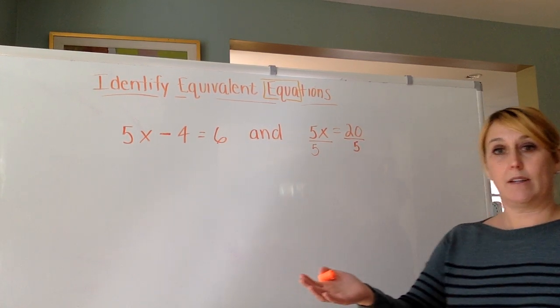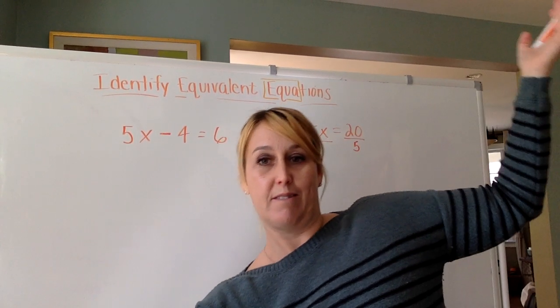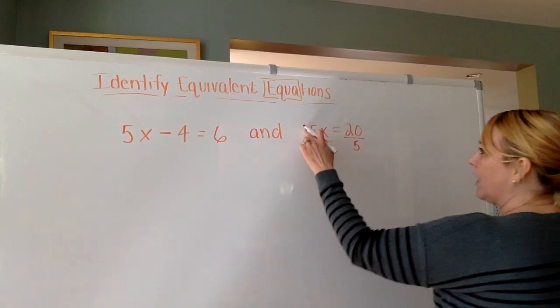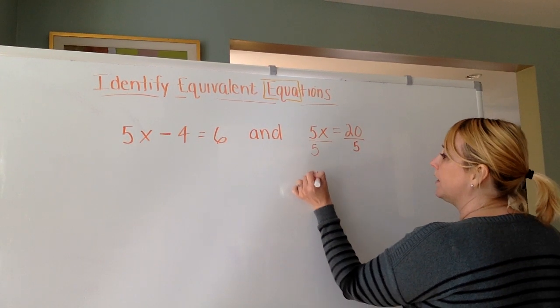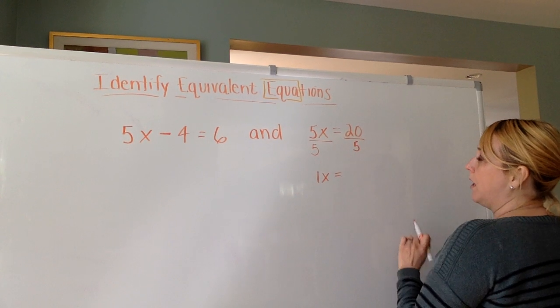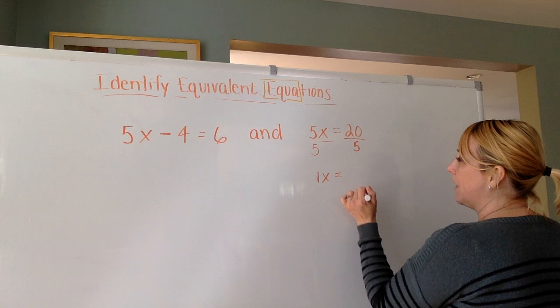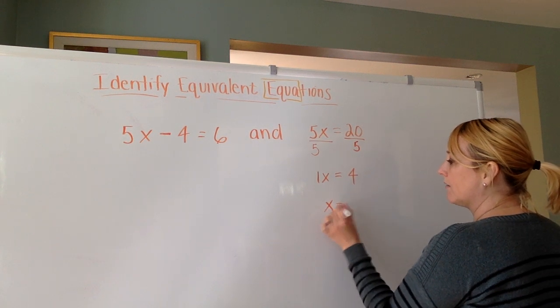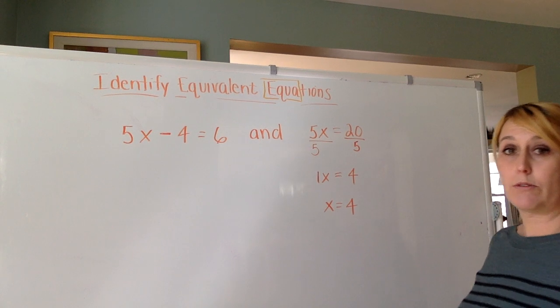That's that scale of balancing. If I do it on the left, I need to do it on the right. 5 divided by 5 is 1. 1x equals 20. These are both positive, so 20 divided by 5, a positive divided by a positive, is 4. So my final answer is that x equals 4.